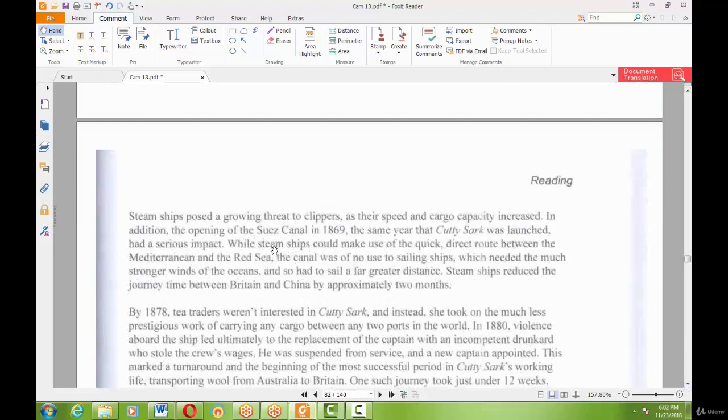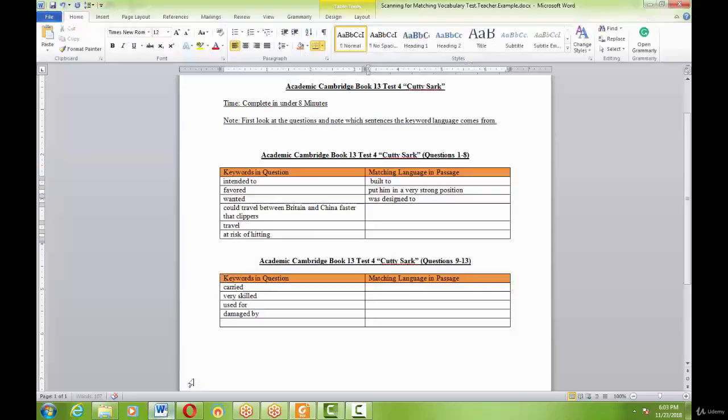All right, and I think it was also Suez Canal. So here's our language right here that confirms it. The canal was of no use to sailing ships.